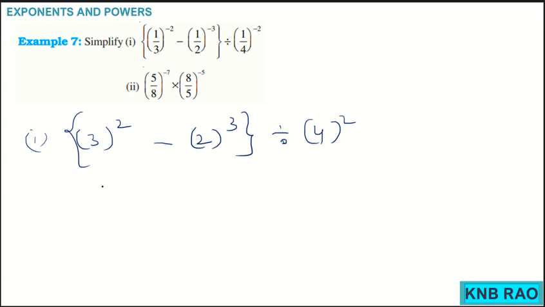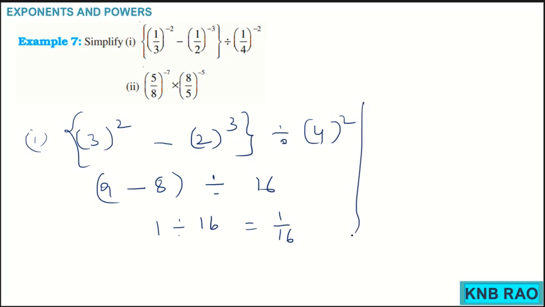So, 3 square is 9, minus 2 cube is 8, divided by 4 square is 16. 9 minus 8 is 1, 1 divided by 16 is the answer. So, 1 upon 16 is the answer. This is how we solve.